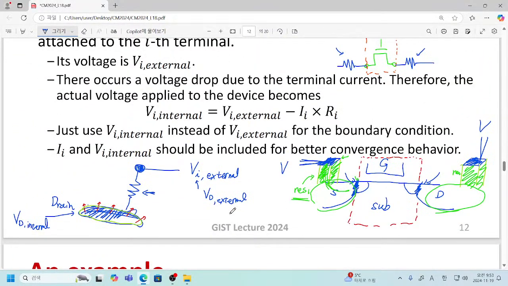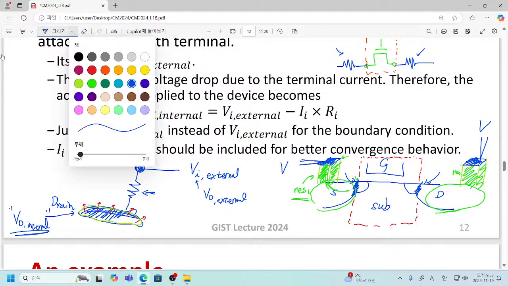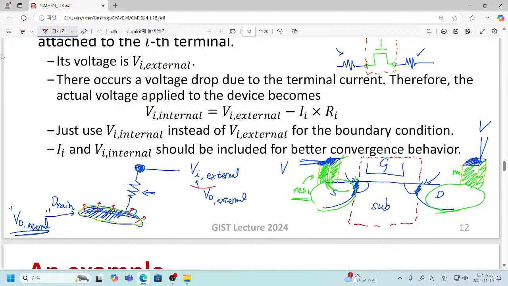So what we can do is, once we know this internal drain voltage, then we can actually solve the system. However, what we know is not the internal voltage. What we know is only the external voltage.